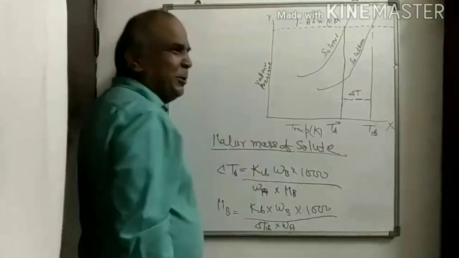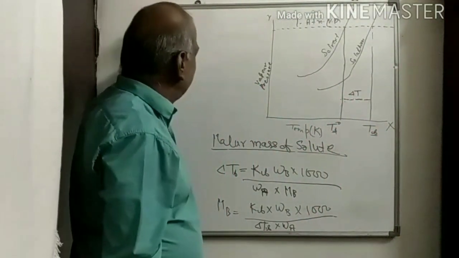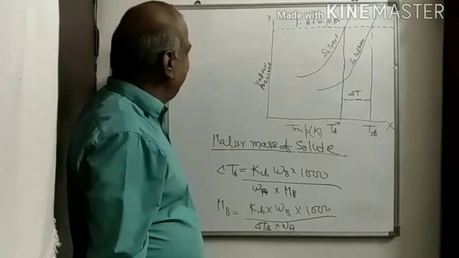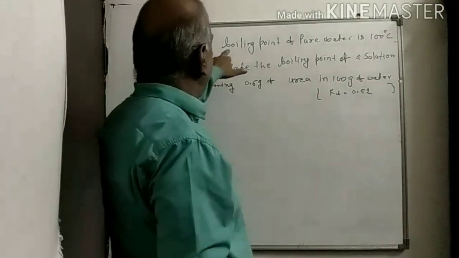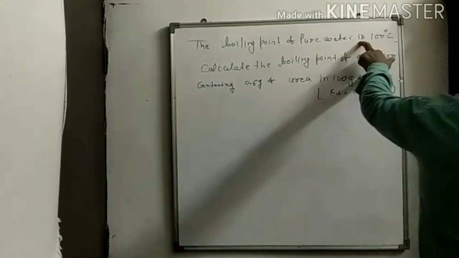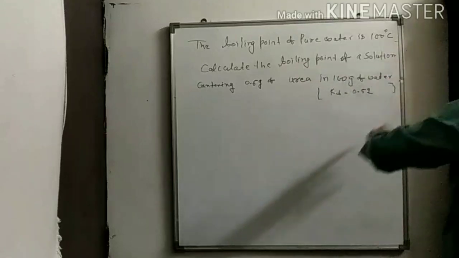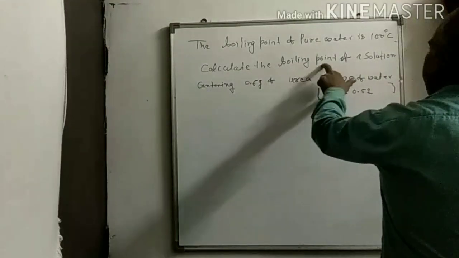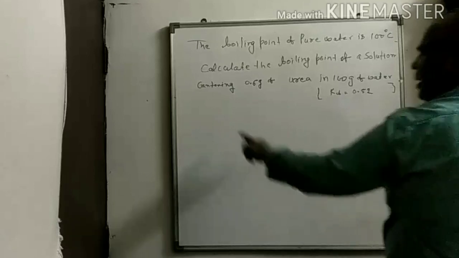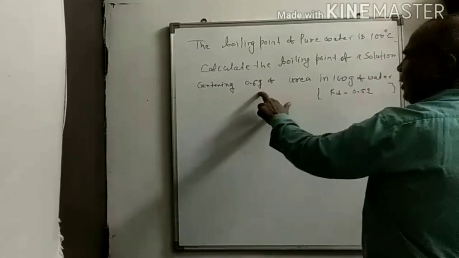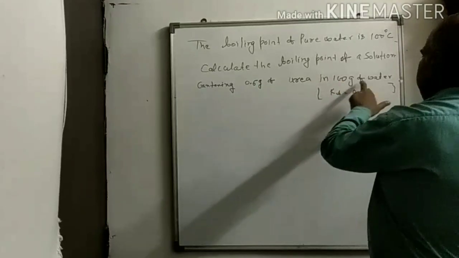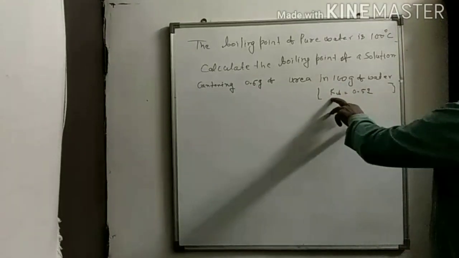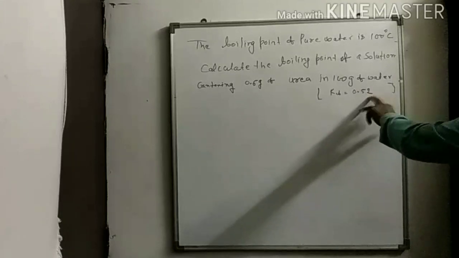Now I will give you an example of how to solve the numerical. The question is: the boiling point of pure water is 100 degrees. Calculate the boiling point of the solution containing 0.6 gram of urea in 100 gram of water. Given Kb is equal to 0.52.